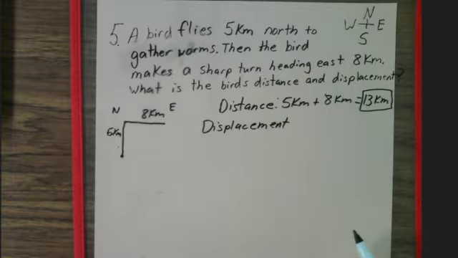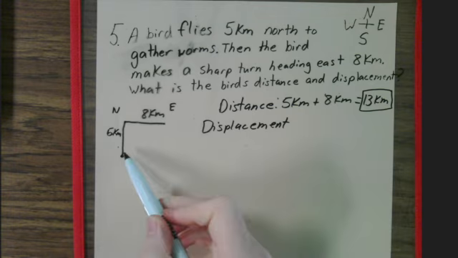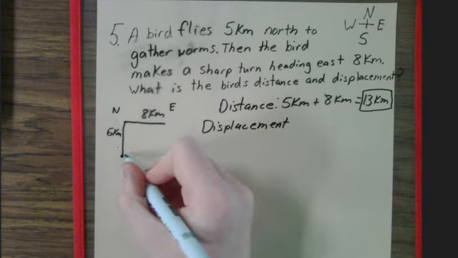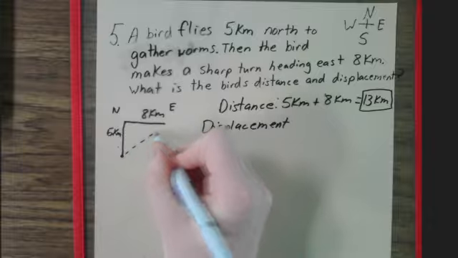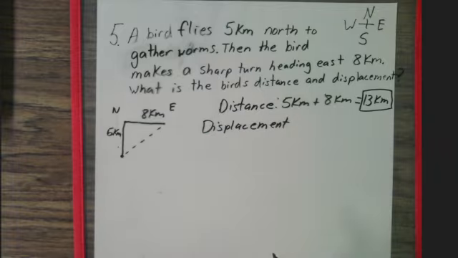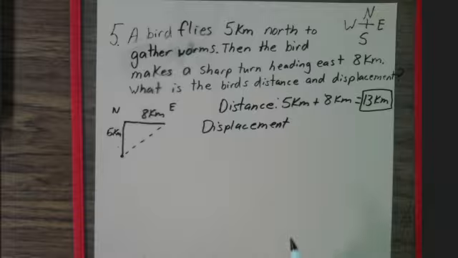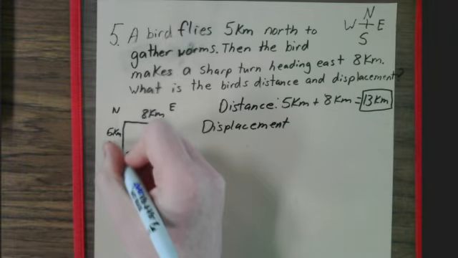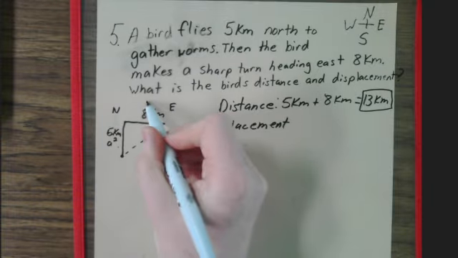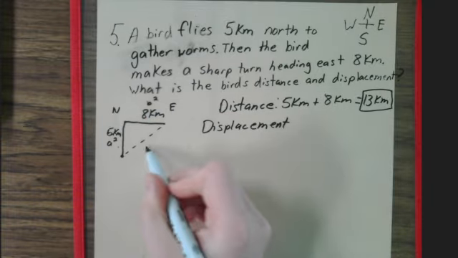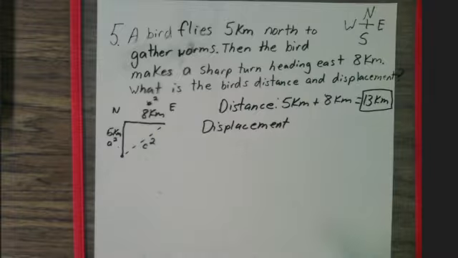This one's a little different. Notice it's not in a straight line anymore. Since we can make a triangle, we have to use the Pythagorean theorem to figure this out. The Pythagorean theorem says this side, a squared, plus this side, b squared, is equal to the hypotenuse, which is c squared.